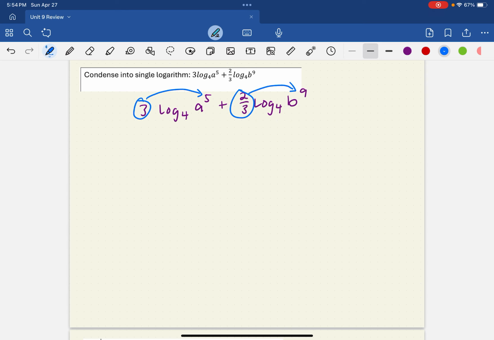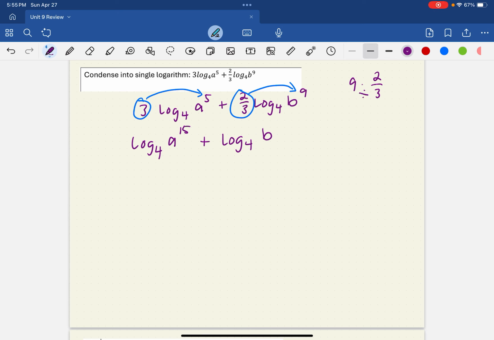Remember, when we're moving these and there's already exponents, you're multiplying. So we're going to have log base 4, 3 times 5, a to the power of 15. Plus, we have log base 4, b 9 times 2/3. We can do 9 times 2/3 off to the side.